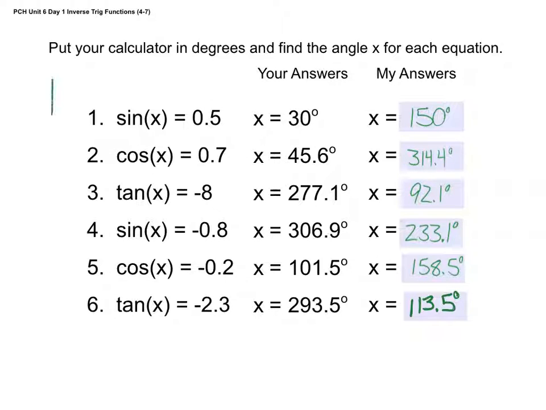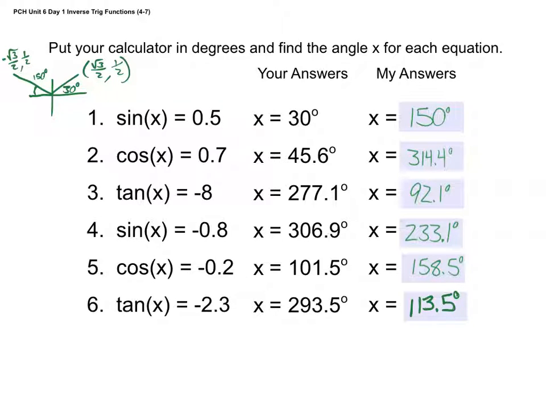For example, on the first one here, 30 degrees had the point root 3 over 2, 1/2. But 150 had negative root 3 over 2, 1/2. That was at 150. But the reference angle was still 30.